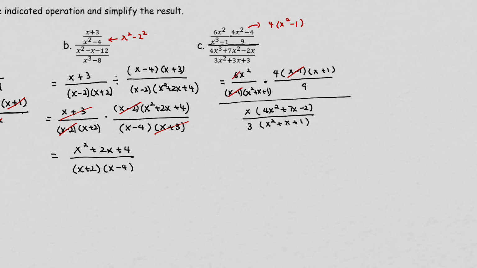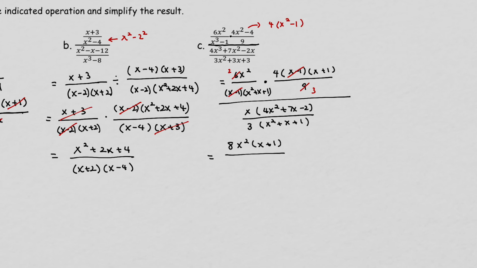and 3 goes into 6 twice, 3 goes into 9 3 times. So when you rewrite this, the numerator, I will have 2 times 4 is 8, x squared and x plus 1.